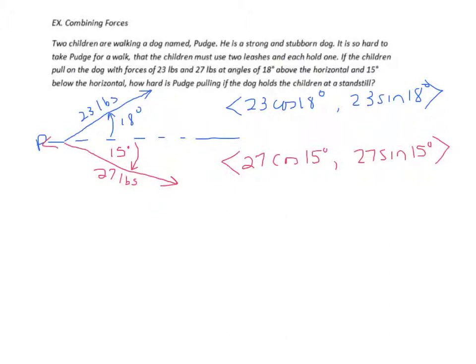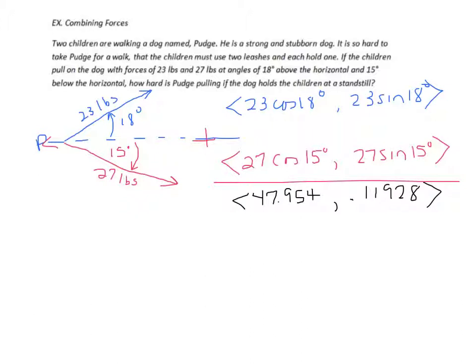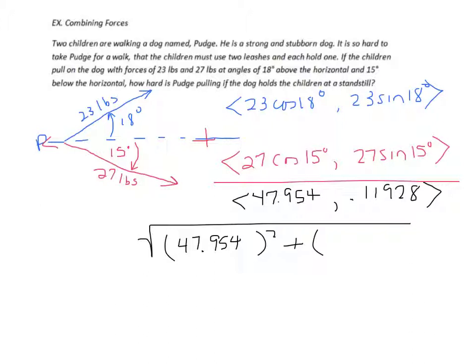And then what you want to do is add the 2 vectors together, and you get 47.954 and 0.11928. I didn't round very much. And then you want to just find the magnitude of this vector. So we'll take 47.954 and square it, and we'll take 0.11928 and square it, and you're going to get approximately 47.95 pounds.